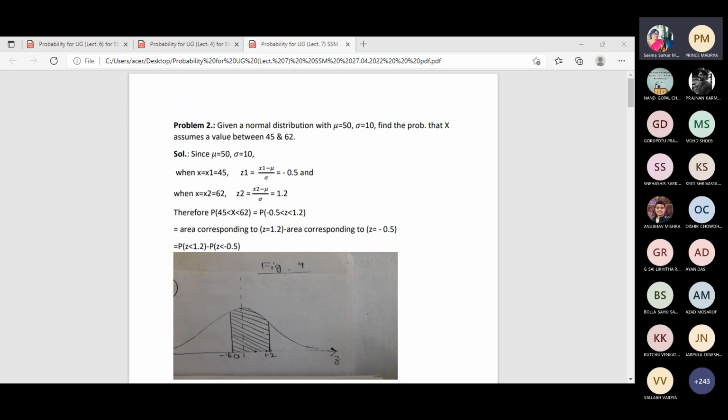So once you have determined the ordinate from your normal distribution table corresponding to the area 0.45, then you use that conversion, you will find the value of X.